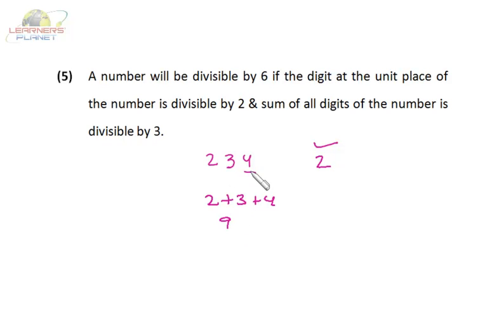That means the given number is divisible by 3. So it is divisible by 3 also. Since the given number is divisible by 2 and 3 both, hence it is divisible by 6. Now let's take one more example.